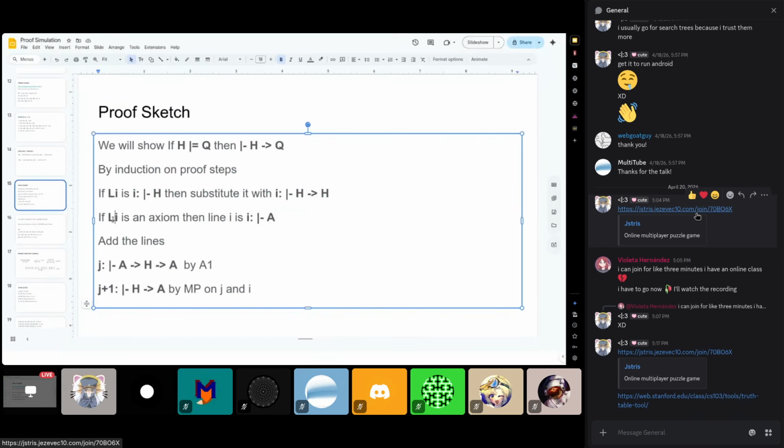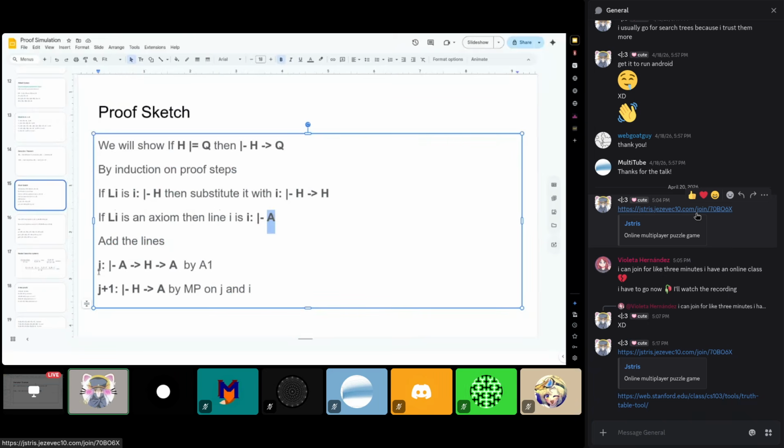If the line is an axiom, then line i is of the form can derive A, right? Our goal is to prove H implies A, right? So how you do that is use A1.